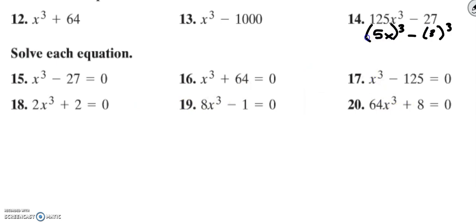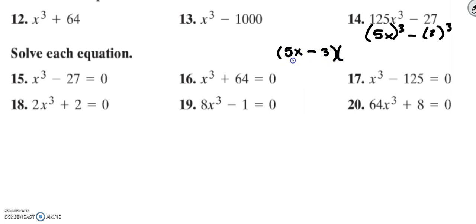Then I need to use my property, the difference of cubes, and what that states is the very first grouping is the first term and then the same sign as the original, minus, in this case, the second term, which is 3. Then in the next expression, we take this first term that we just put over here and square it.